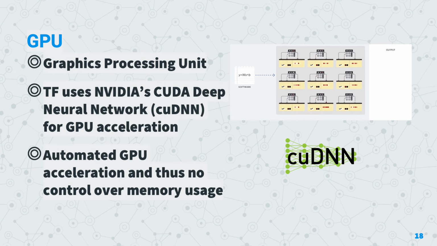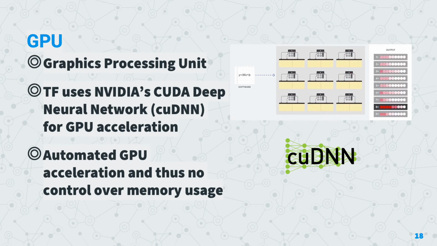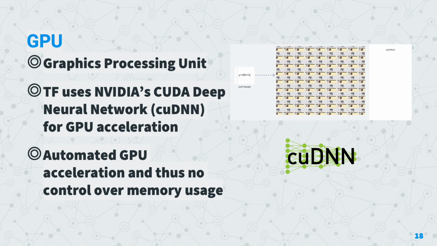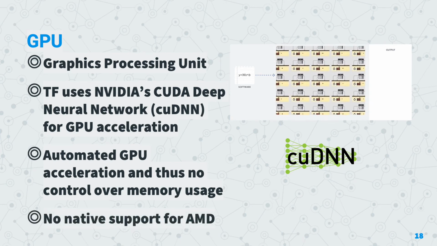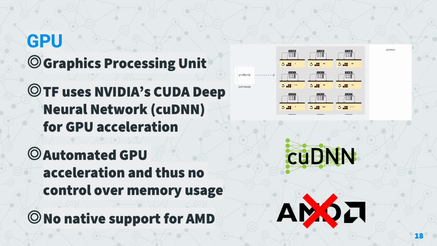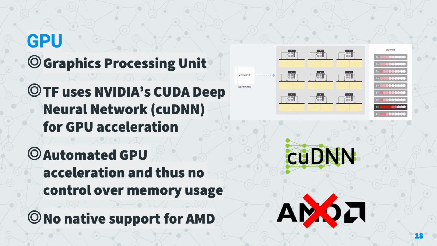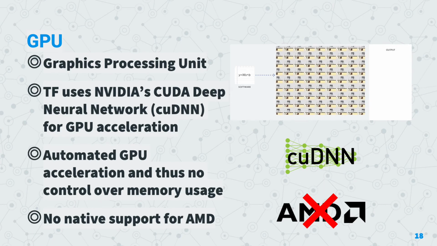Other frameworks such as PyTorch allow for more manual control over this, so GPU control is restricted on TensorFlow. Also, there is no native support for AMD, which means that acceleration on AMD is a cumbersome task and might not be possible in a quick and secure manner.